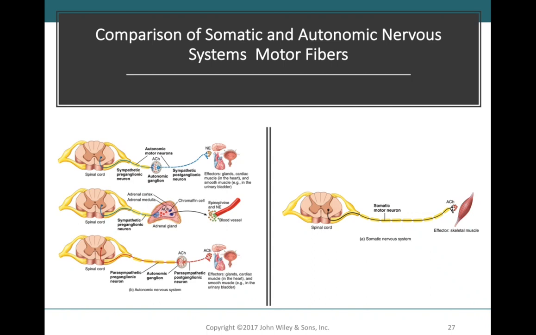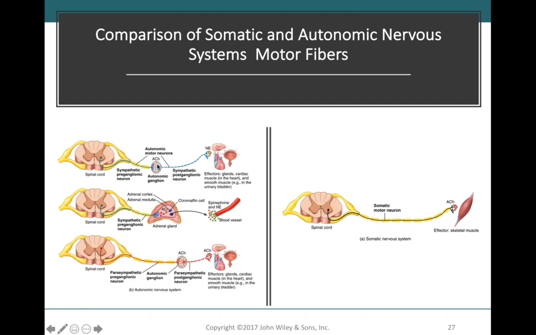Now that's actually not everything that we can see on this slide. There's one other thing that we can infer from this picture, and it is the different types of receptors that we can find receiving these neurotransmitters. So if these are cholinergic neurons, we have to have cholinergic receptors to receive that acetylcholine. It would make no sense that we'd have adrenergic receptors here because they wouldn't be able to respond to acetylcholine anyway.